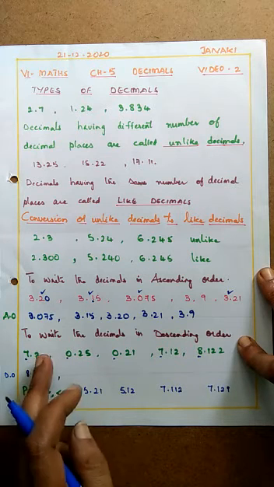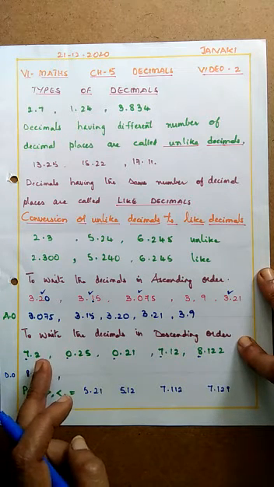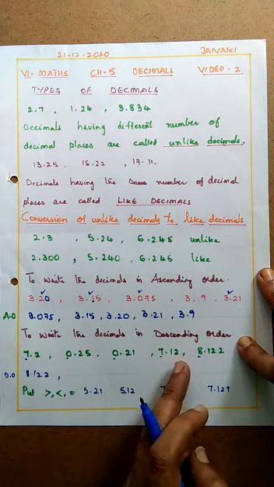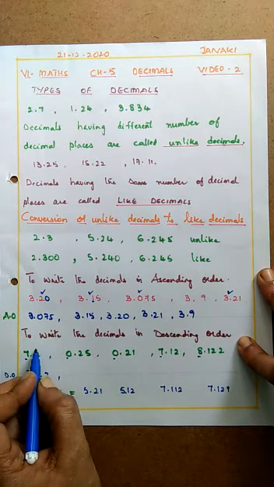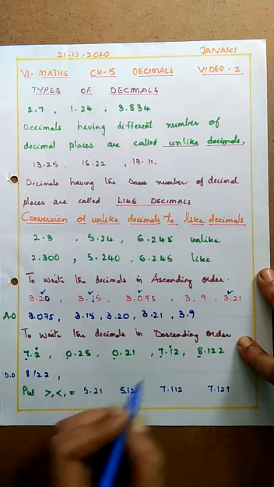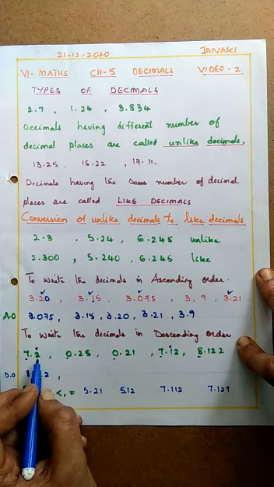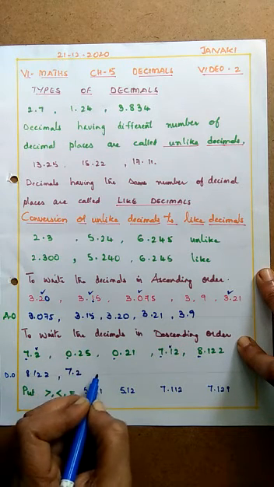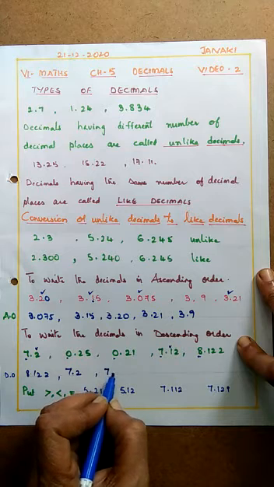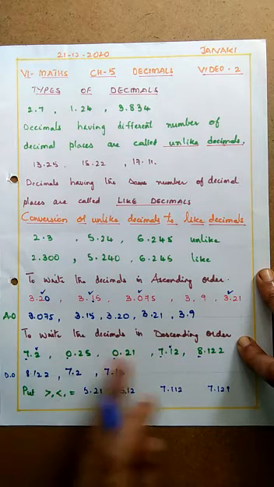Now moving on to the next ones, 7.2 and 7.12. 7 is common there, and when you take the digit in the 10th place, 2 is greater than 1. So 7.2 is greater than 7.12, isn't it?